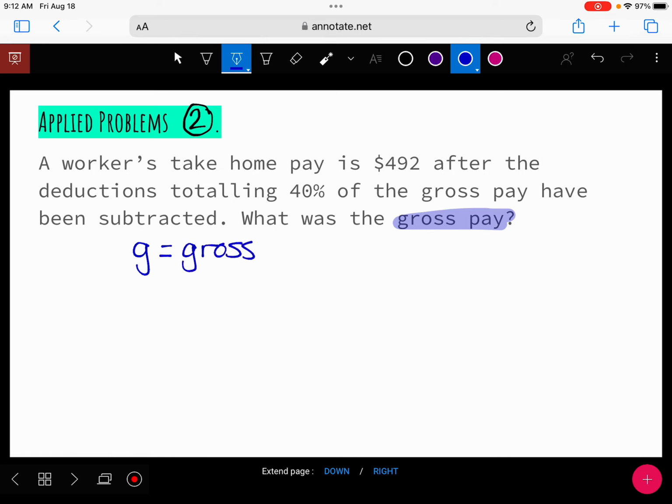You can use X because we like X's best. Totally fine. You can use a heart symbol. I don't care. Emojis are valid variables. So how can I write an equation to figure out what this person's gross pay is? Because they're not gendered.